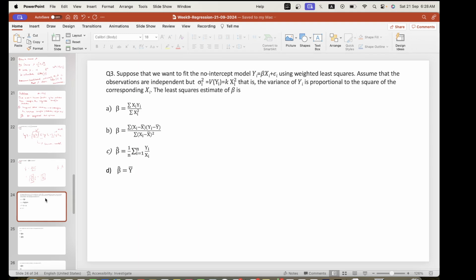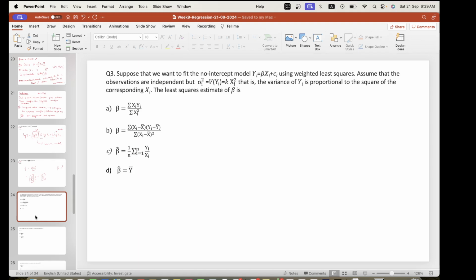Suppose we want to fit the no intercept model y_i = beta x_i plus epsilon_i using weighted least squares. Assume that observations are independent but sigma_i square, the variance of y_i, equals k x_i square, that is, variance of y_i is proportional to square of the corresponding x_i. Then what will be the least square estimate of beta?